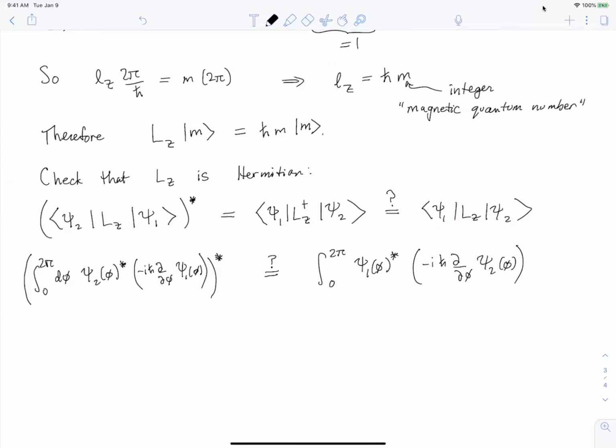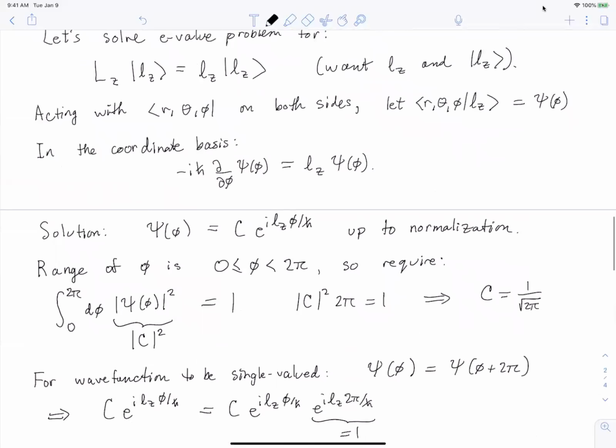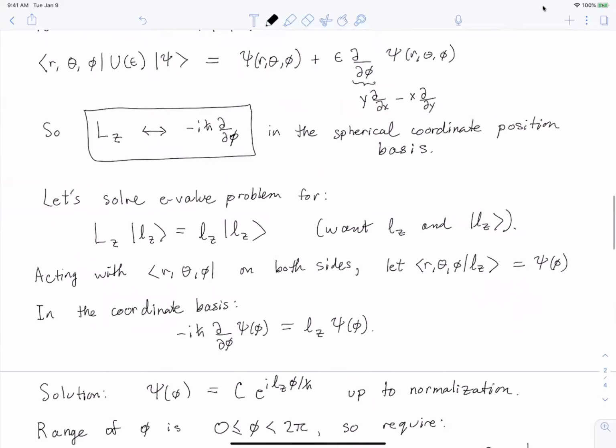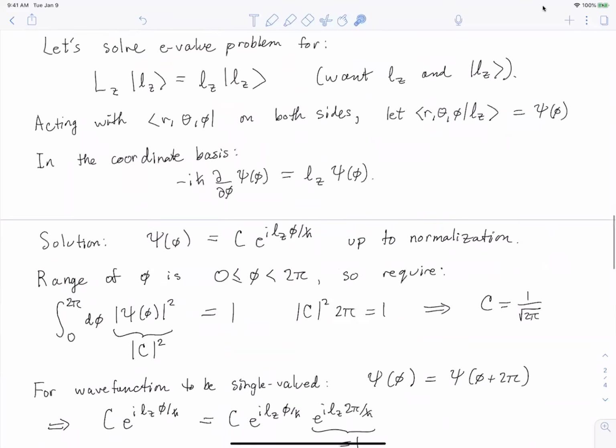We're taking advantage of the fact that we know from way back up here how L sub z acts in the phi representation. It's minus i h bar times the phi derivative.